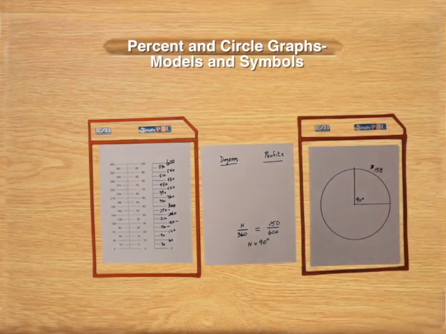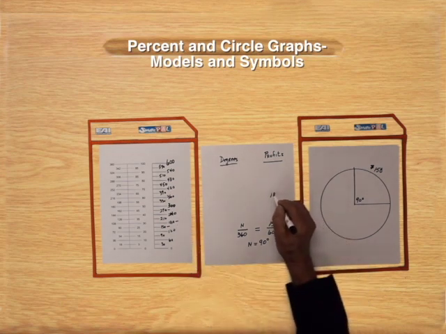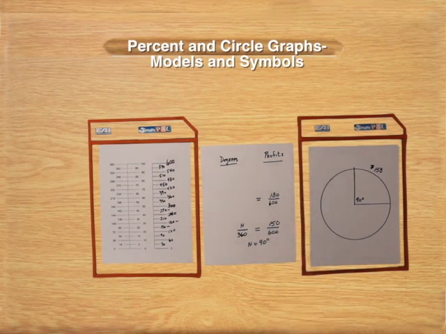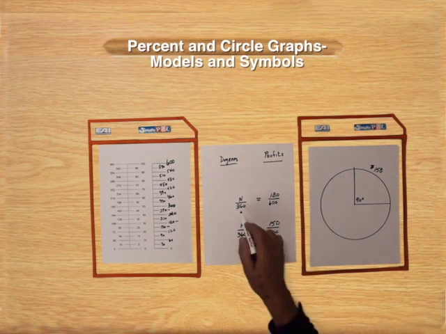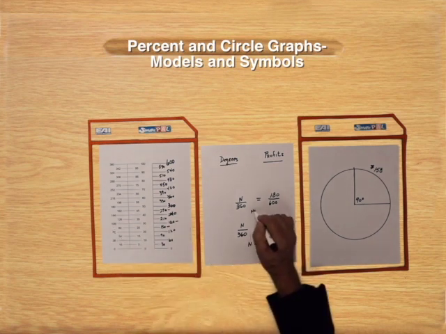Now let's look at the next one. The next one is $180 in profits. And again, it's relative to 600. And in drawing our circle graph, what we want to do is find the number of degrees, but this time relative to 360, because that's the number of degrees in the circle. And when we solve this proportion, we know we're going to get an answer of n equals 108 degrees.